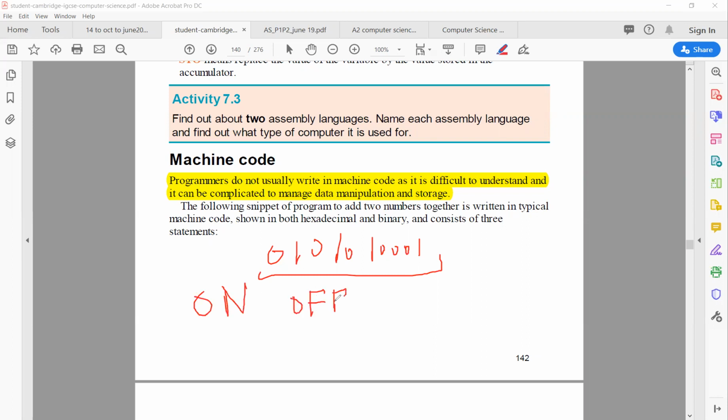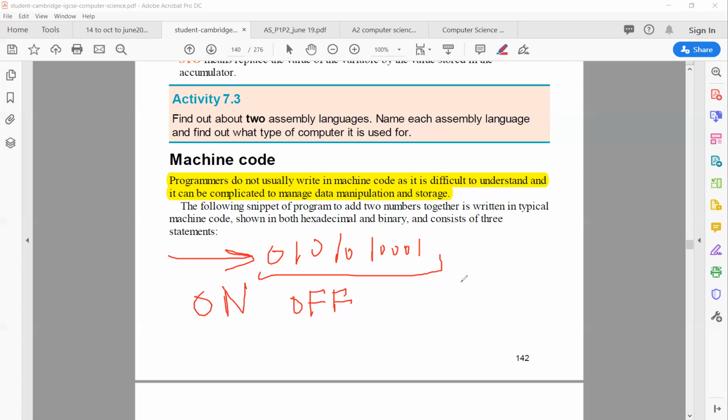So computer can only understand the binary language. Any other instruction written, whether in assembly language or in a high level language, must be converted into the machine code so that the computer can understand it. So all the code will be translated into machine language.